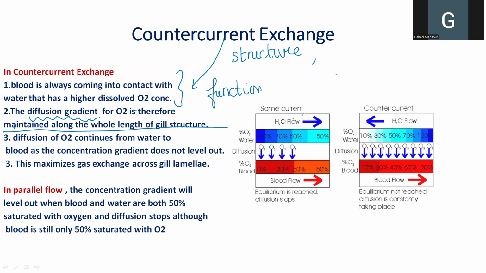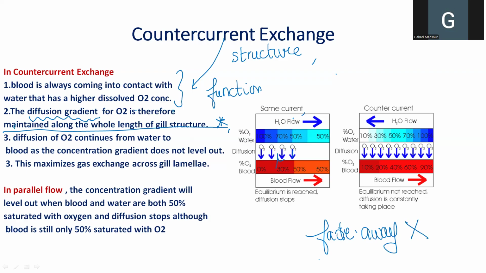This is the most important statement, because you might have a concentration gradient, but that concentration gradient might fade away or disappear very rapidly. That is against the countercurrent system.